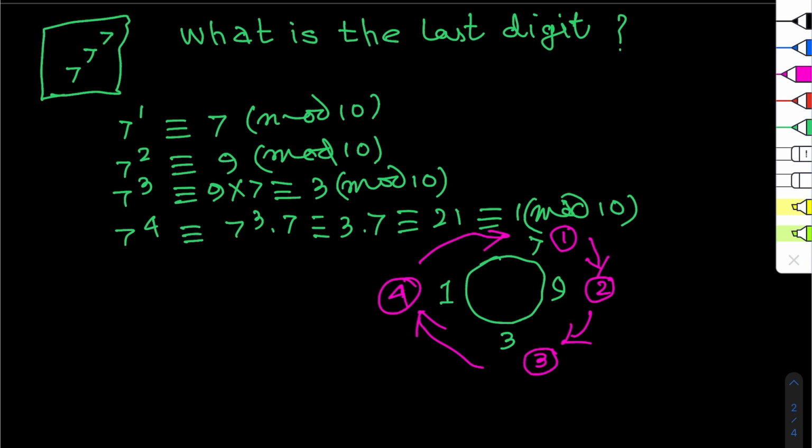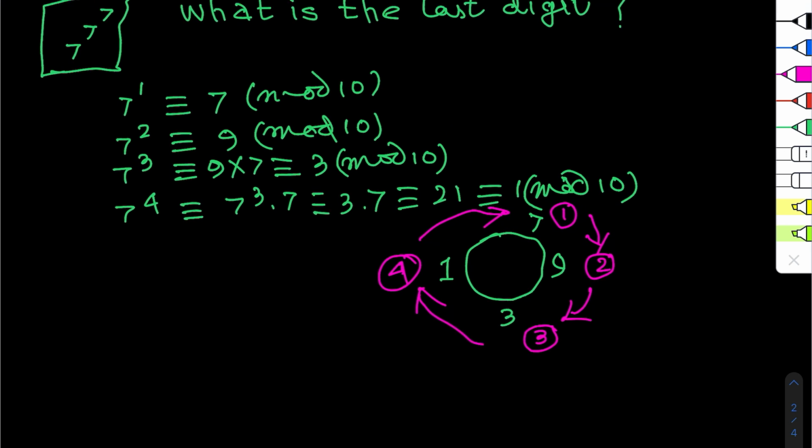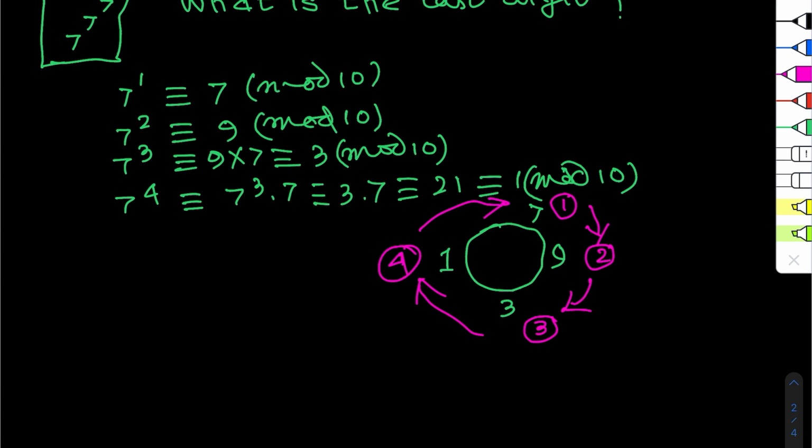So now we can see the various positions of the remainder cycle. Now we have to find out the last digit of the number 7 to the power 7 to the power 7. Here the power is also a power of a number, isn't it?